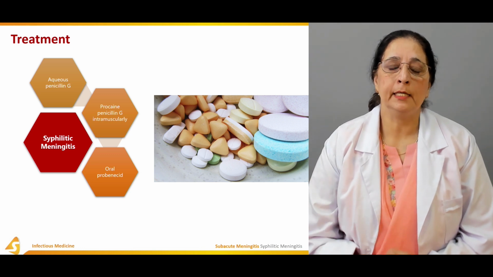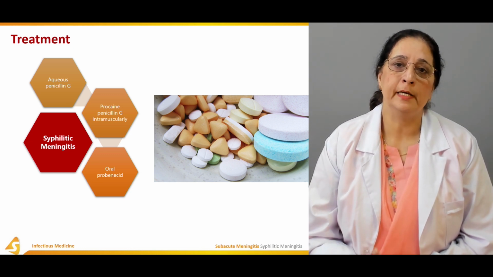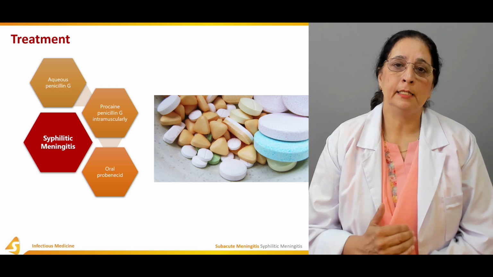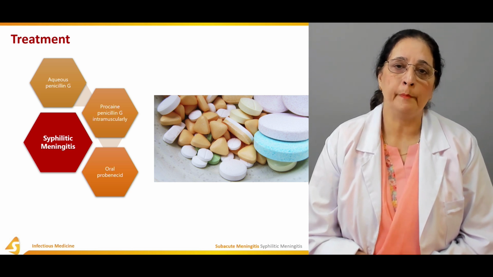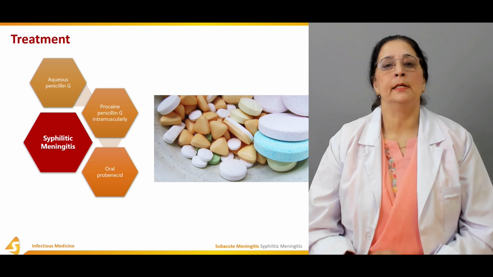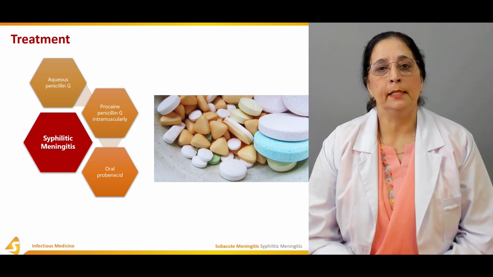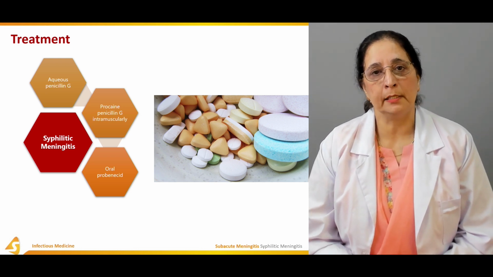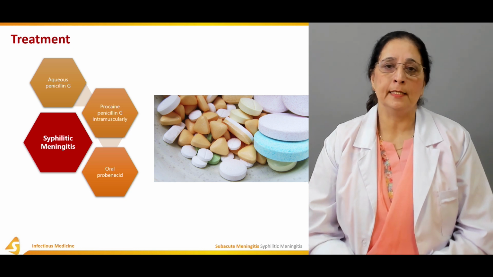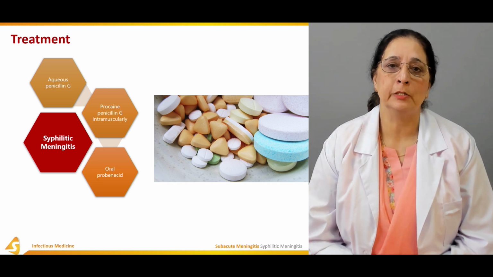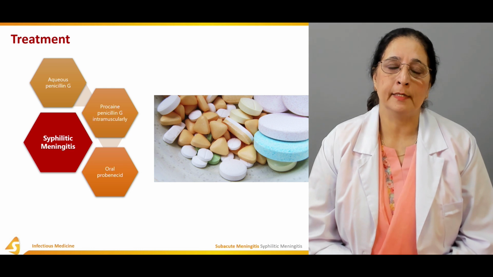But the important thing is, since we are talking about syphilitic meningitis, central nervous system involvement by syphilis is usually present in the early phase, when the infection can spread to the central nervous system.